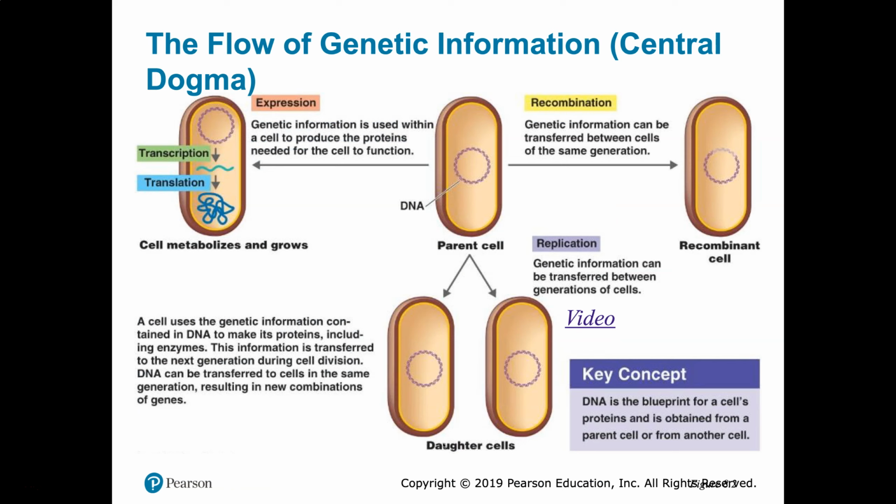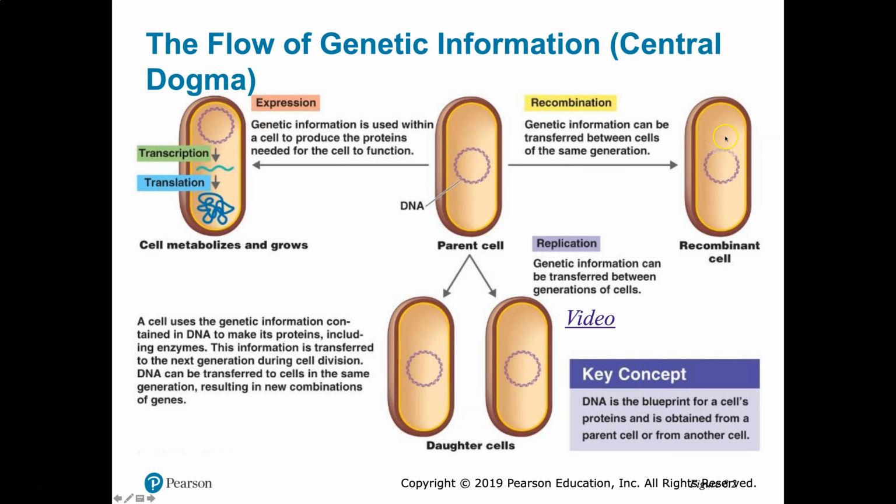So the central dogma we know is DNA, RNA, proteins. But there are two ways we consider genetic information to be moved around and passed on. There's what we call horizontal gene transfer and vertical gene transfer.